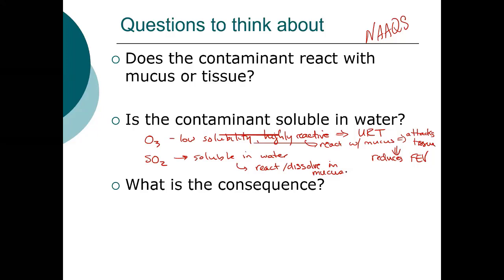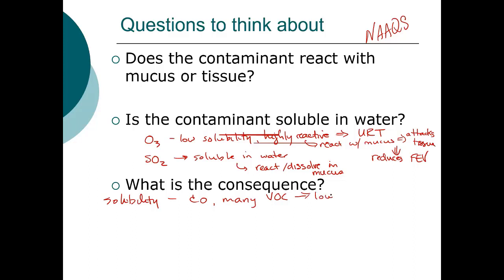So when you're looking at how these chemicals affect human health, a number of factors that you want to look at is solubility. For example, carbon monoxide and many volatile organic chemicals, for instance benzene, have a low solubility. Then another thing, how reactive are they?